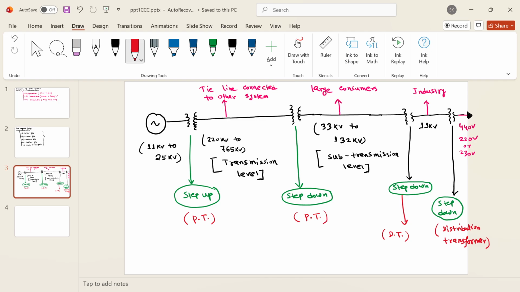There are a few differences between distribution transformer and power transformer that we can discuss later, but I hope this single line diagram is pretty clear to all of you. Let me explain one more time.